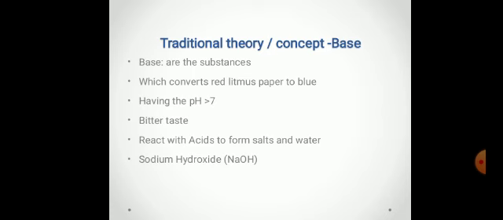So what is the difference between acid and base? An acid is a substance which converts blue litmus paper to red, and a base is a substance which converts red litmus paper to blue. The pH of an acid is less than 7 and the pH of a base is greater than 7.